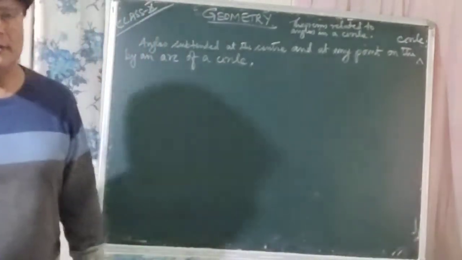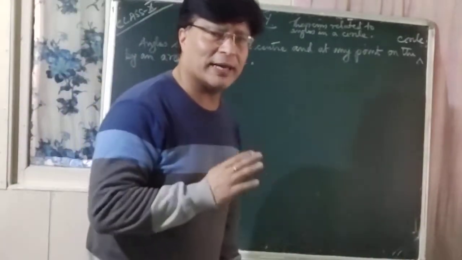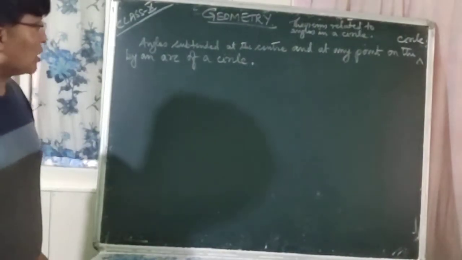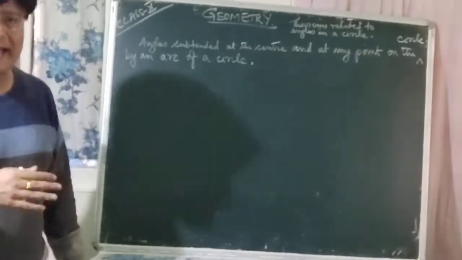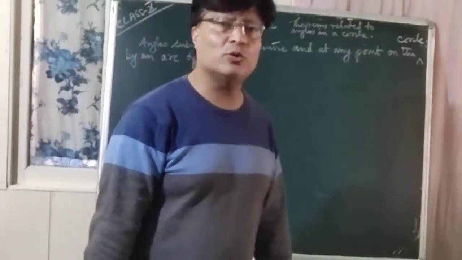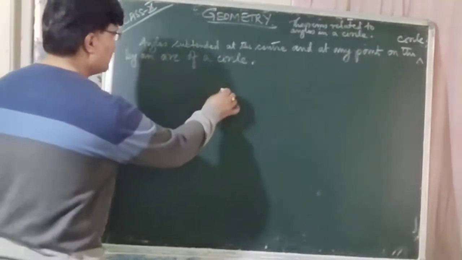So first of all, in order to do theorems related to angles in a circle, you should know about the angles subtended at the center by an arc of a circle. So before that, you should know what is meant by arc of a circle, right?